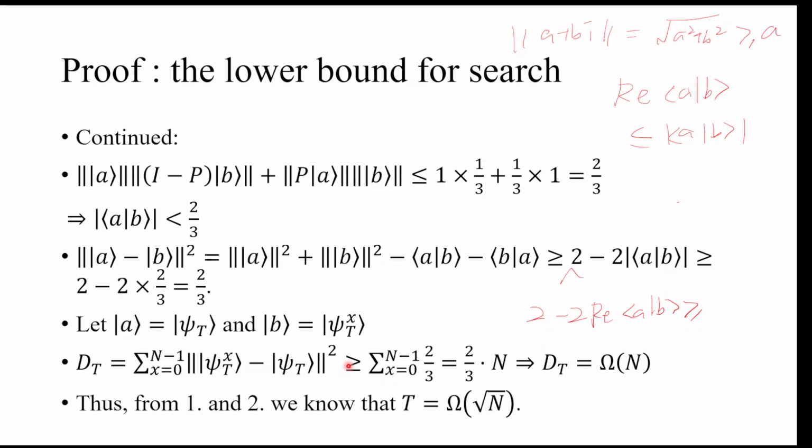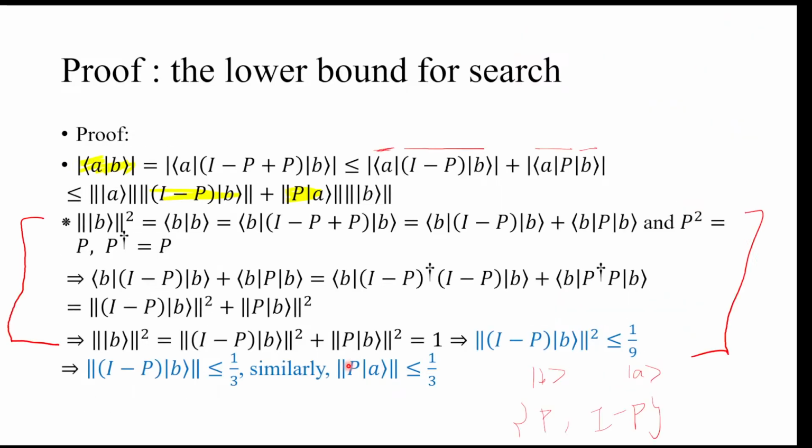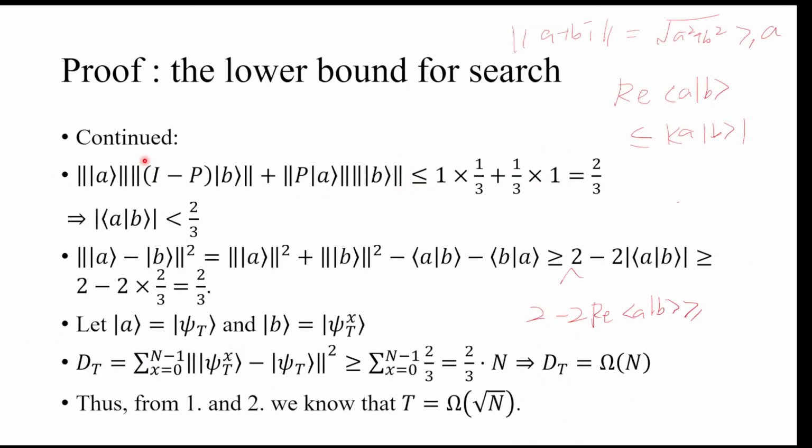We can bound the norm easily, since the norm of A and the norm of B are each less than or equal to 1. So our inner product is less than or equal to 1 times 1/3 plus 1 times 1/3, which equals 2/3. So I bound our inner product away from 1, although it's not so small. Really 1 is close to 0, but anyway, it's not 1, so that's good.